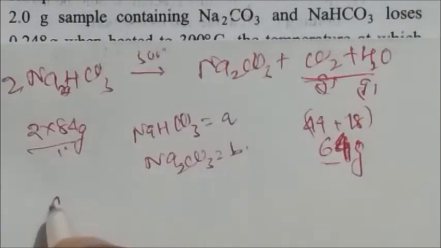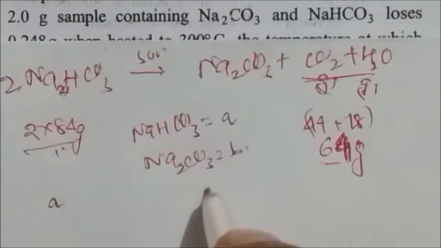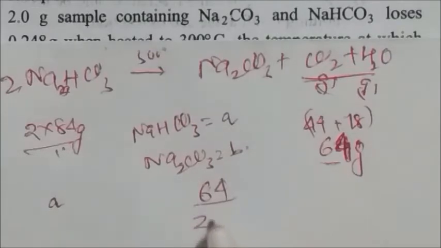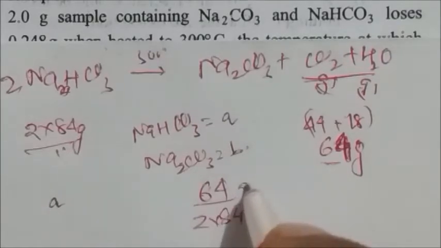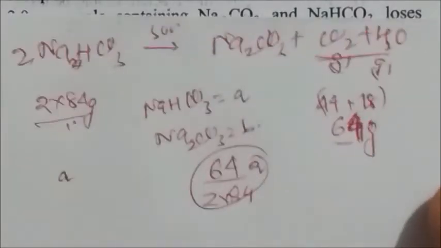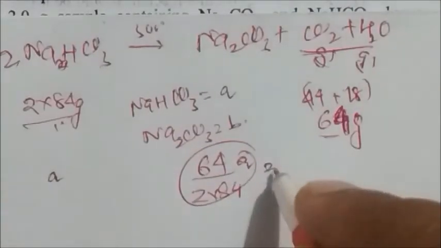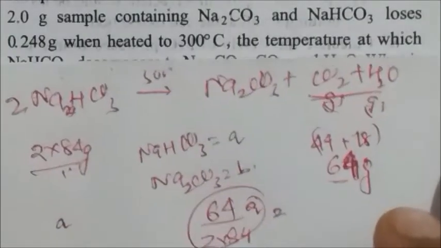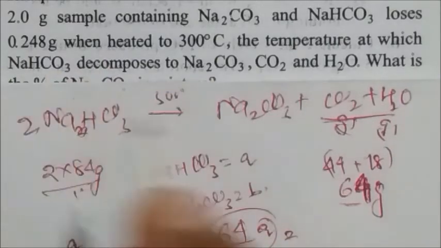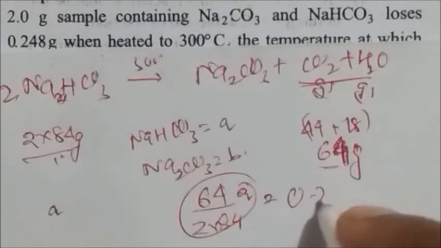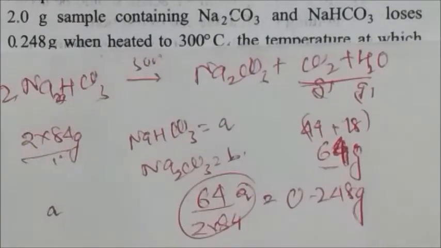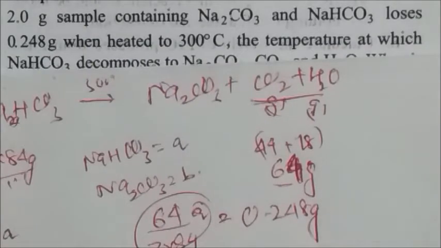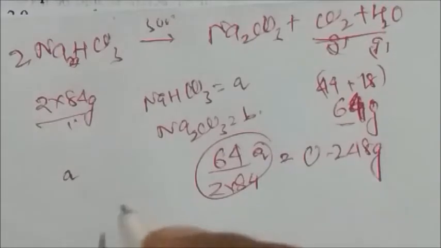So if you take A gram, how much have you lost? 62 divided by 2 into 84, into A. So this much gram is lost, and this is equal to what they have already given in the question, 0.248 gram. Now in this case, what will happen? This much is lost. Now you have to solve.